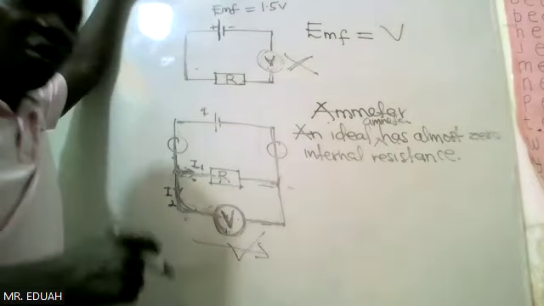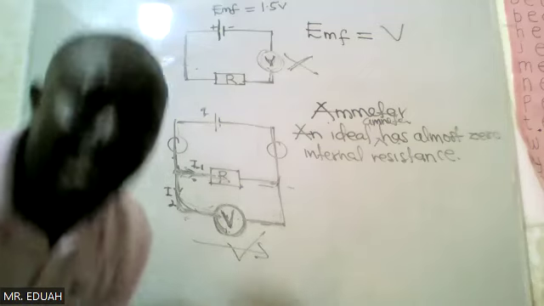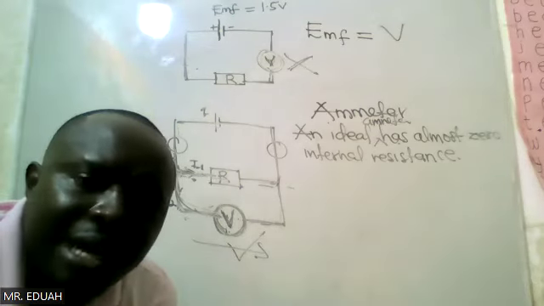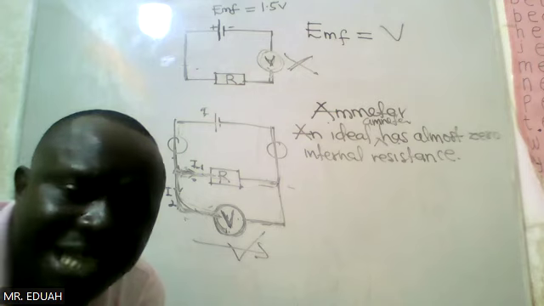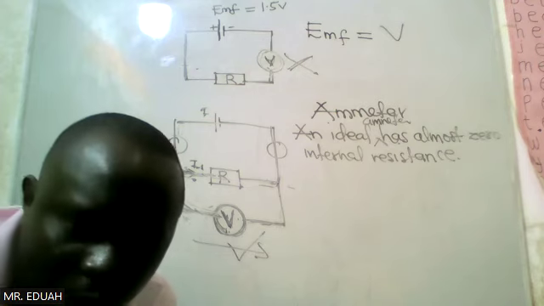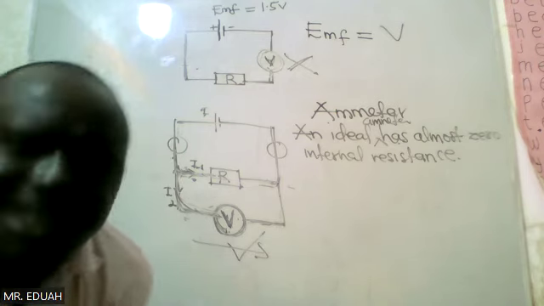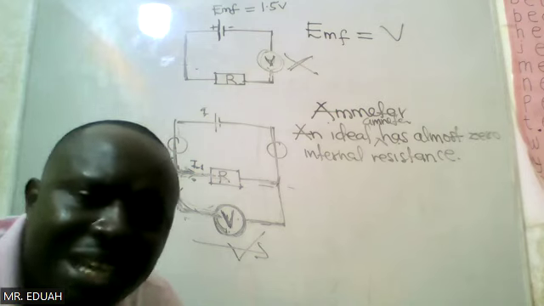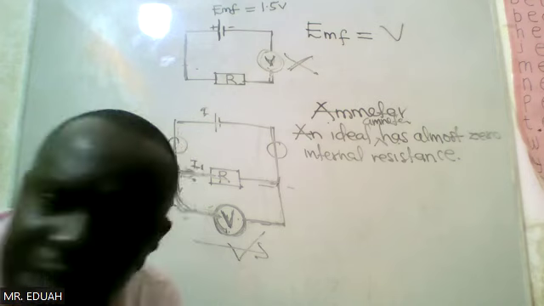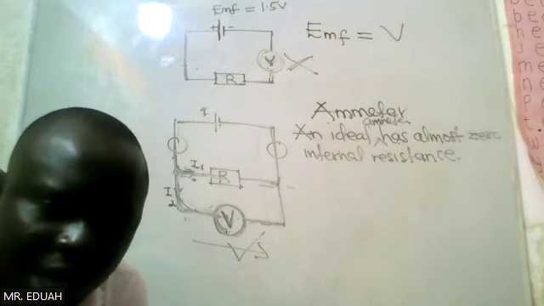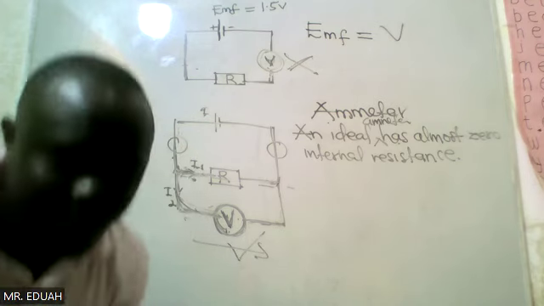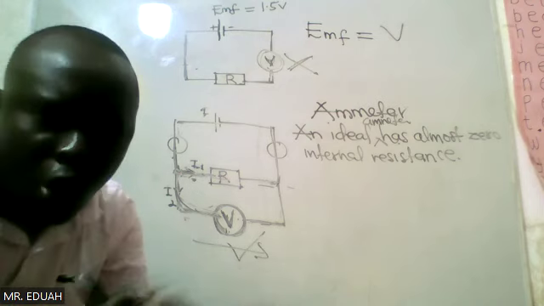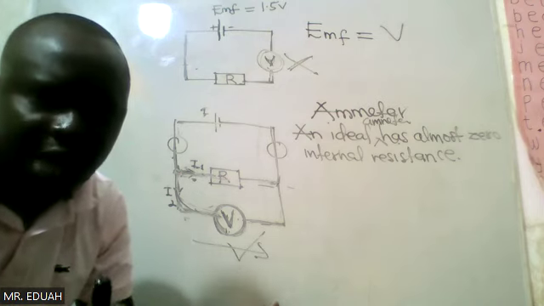Very, very small. The reason is that the function of an ammeter is to measure current flow. So it must be designed in such a way that it offers almost no opposition to the flow of current.